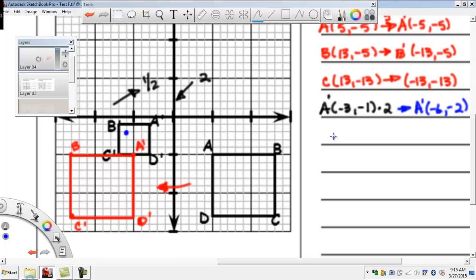If I take B, change to black, so this one is in black, so that B prime is at a negative 7, negative 1. I times it by 2. The new point will be negative 14, negative 2.